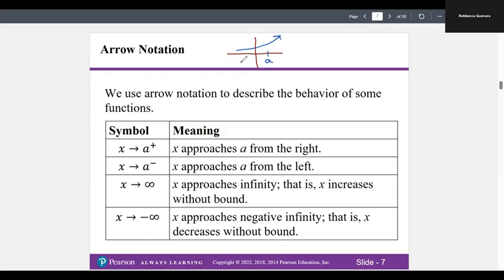And here's a. Let's say this is b. So this is the point here. So what this first part means is x is getting closer, it's approaching a, but it's approaching it from the positive values, which would be positives over here, negatives over here. So we're approaching from this direction. So we're approaching from the right.